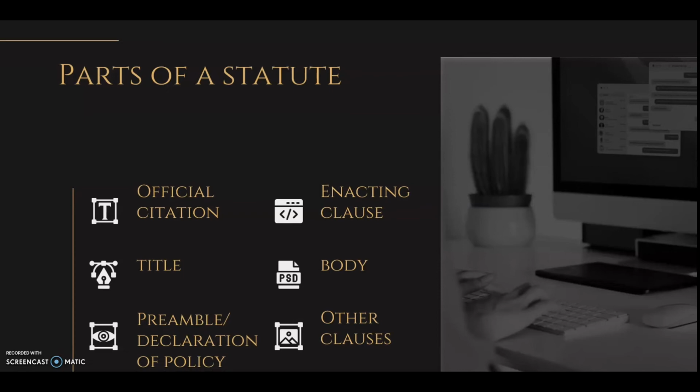Now, we don't usually see the preamble anymore, but if you research the public acts before and the presidential decrees during the time of Marcos and the executive orders that we have, you will see the preamble in the form of whereas clauses. Now what we have are explanatory notes prior to the body of the statute itself, or you can find the declaration of policy inside the body of the statute.